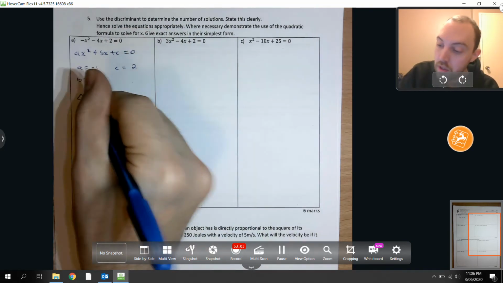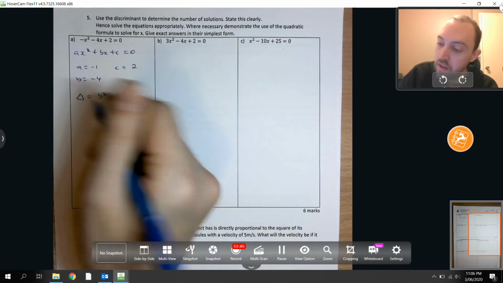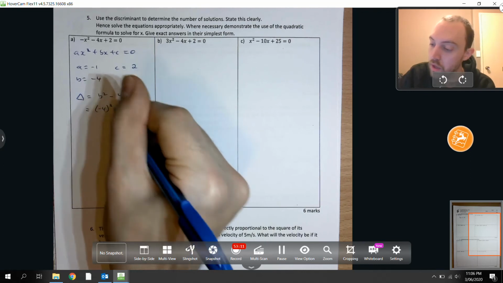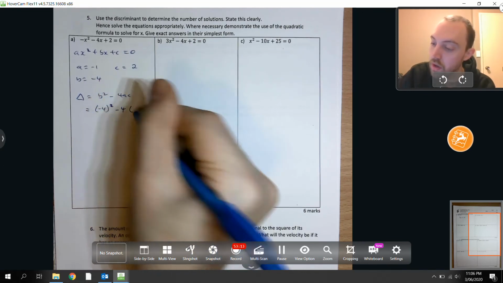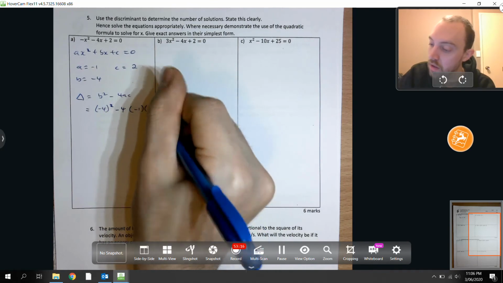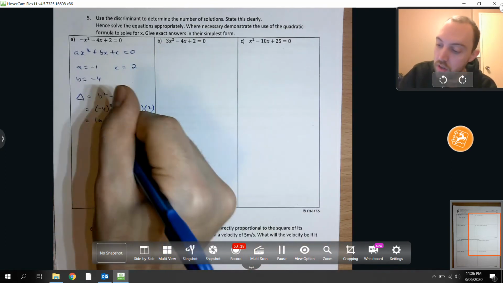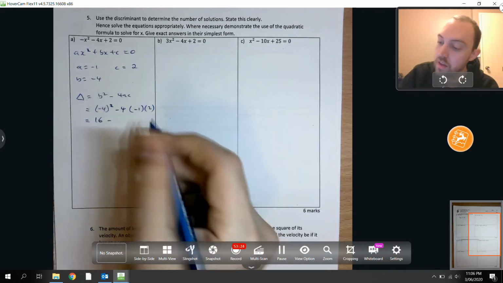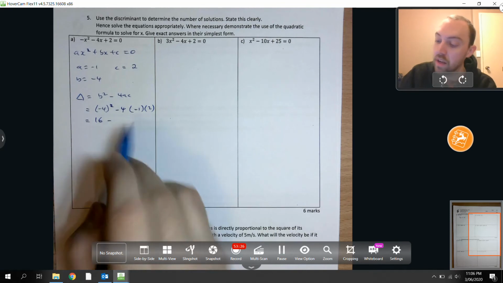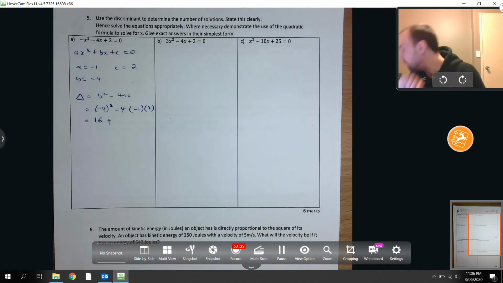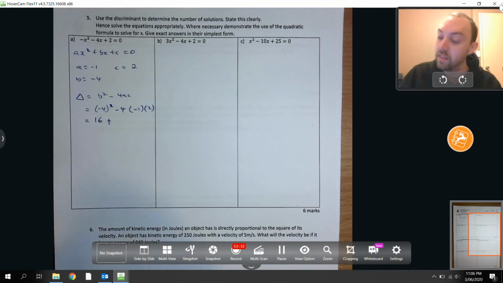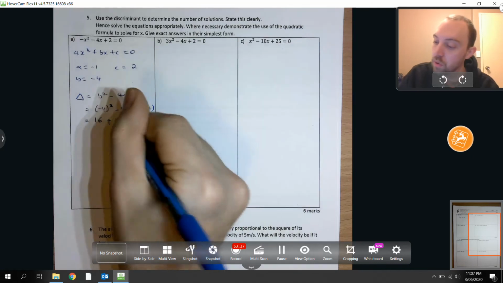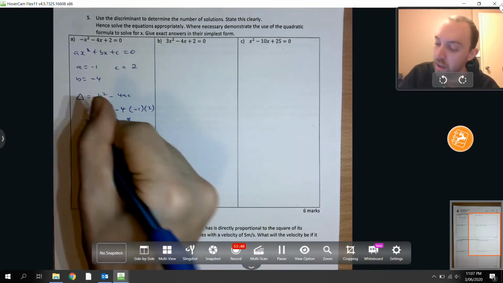So my discriminant is b squared take 4ac, which means I'm doing -4 all squared take 4 times a times c. -4 squared gives me +16, take, or negative times a negative actually, sorry, negative times a negative is a positive, so positive 4 times 2, that's actually going to be +8, and we get 24.